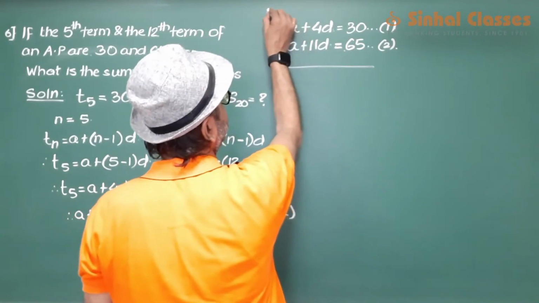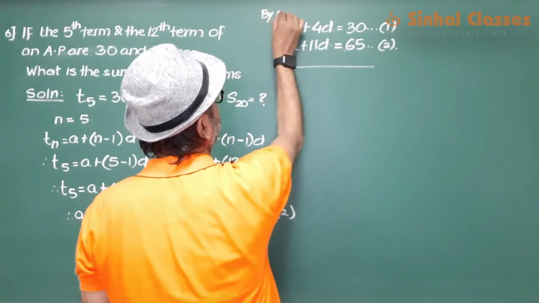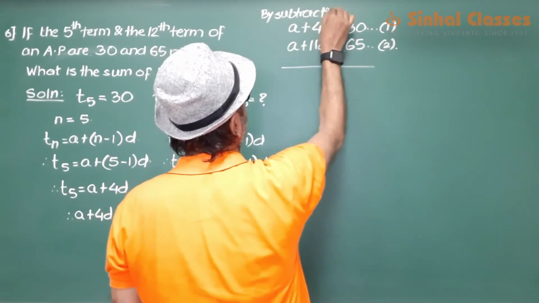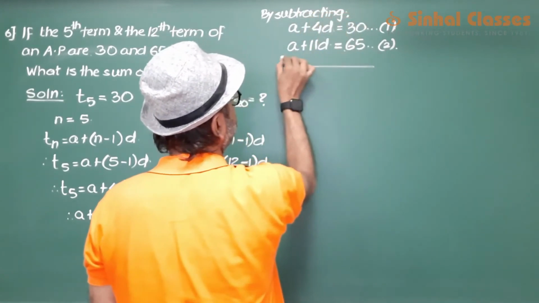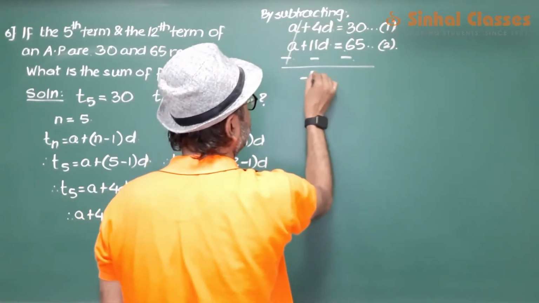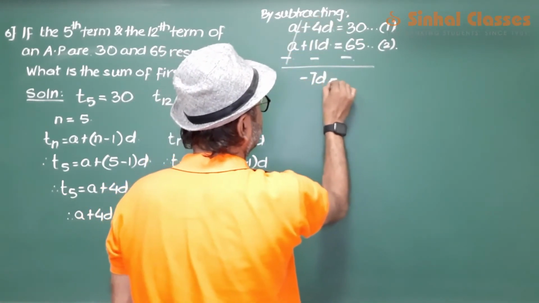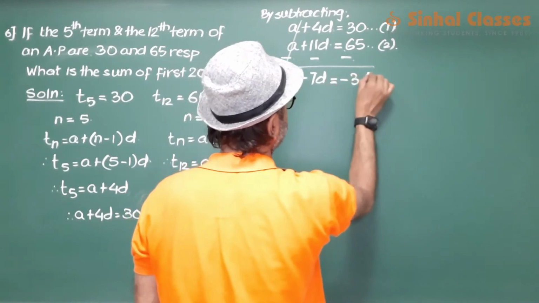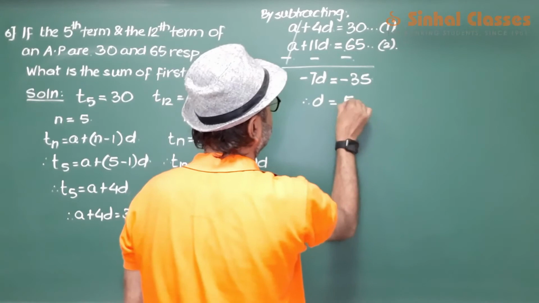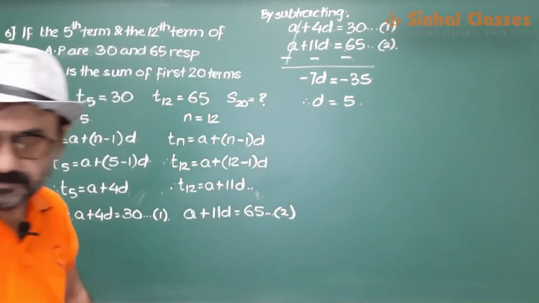When we change the sign, we write by subtracting. And by writing this, we change the signs. This goes off. This is minus 7d, this is minus 35. So we get the value of d as 5.